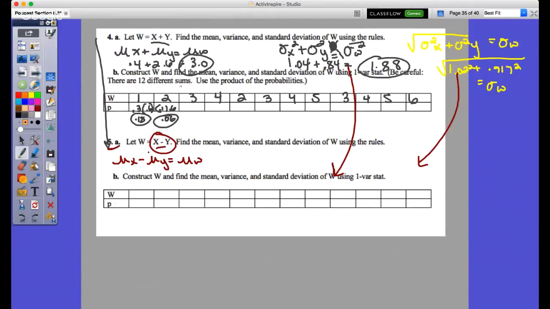The one thing I wanted to highlight was when I add 2 variables together, the means will also be added, okay? That was easy. But with the variance, both will be added too, and we found that was 1.88. But remember, the standard deviation squared is variance.